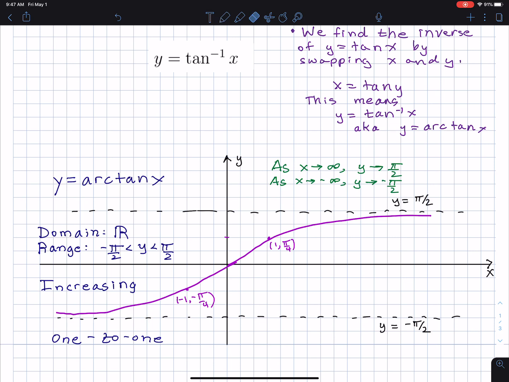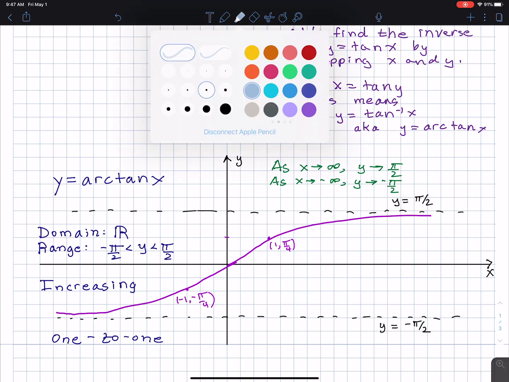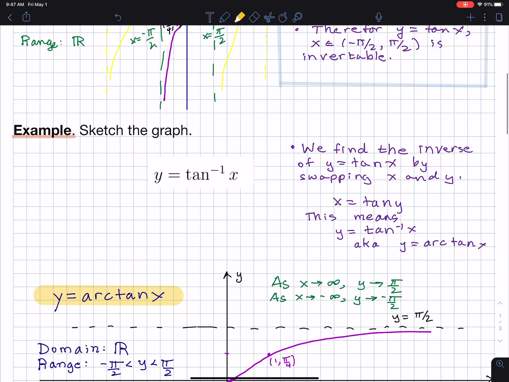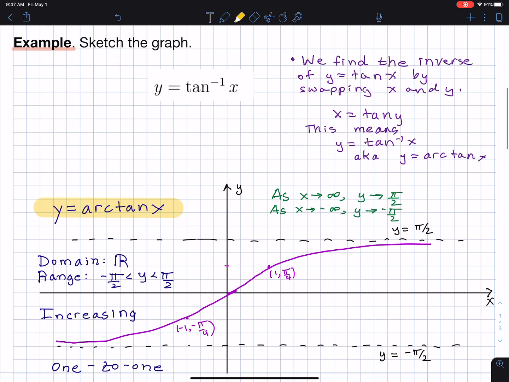Okay, so those are like bullet points. But here's our graph of y equals arctangent x. And I think that covers everything for that. So, all right, we'll stop there.